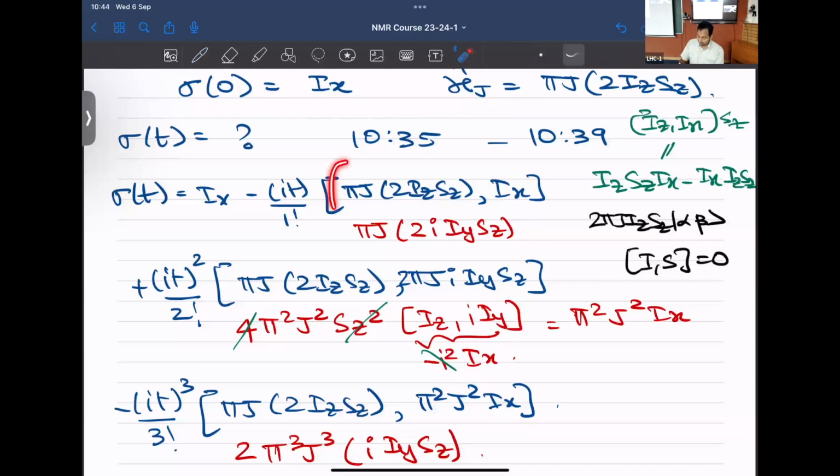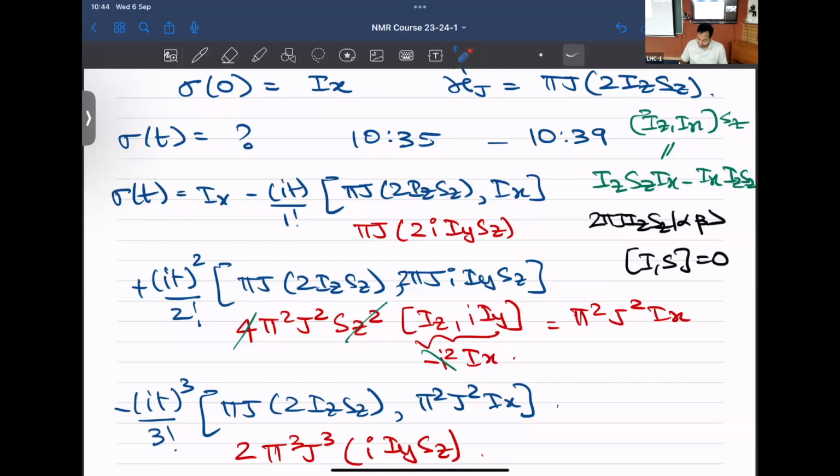So this commutator reduces itself to something like pi J 2i IySz, where the small i is the imaginary square root of minus 1. Similarly, I'm going to take this to the next step, which is what is written here. It's going to be i t the whole square by 2 factorial, the Hamiltonian, which is pi J 2 IzSz, comma, whatever was written here is moved here.